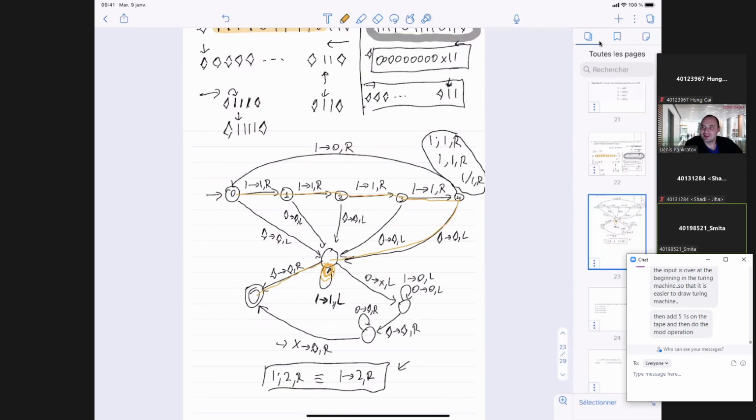Yeah, like after the input we take all the ones, then we add a 0 or a $, then we add 5 ones and then replace. It's not needed in the case of mod 5 because this is a bit easier. But when it is X mod X or maybe, in that case, can we do something like that using extra tape? Sure, yeah.